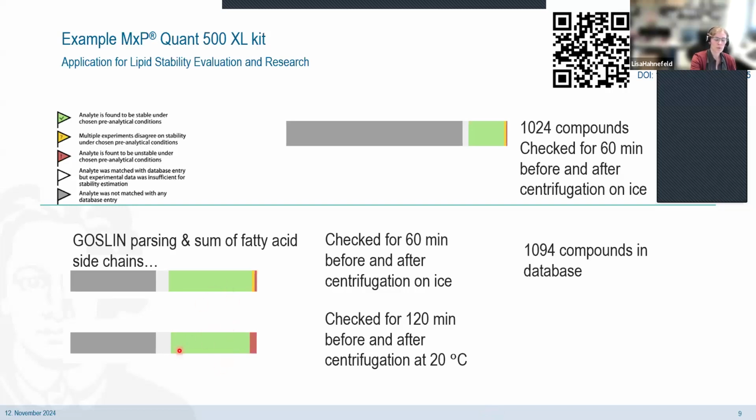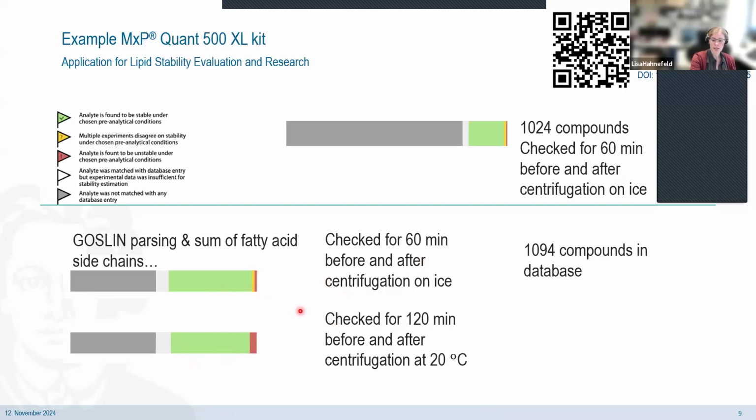It was still not perfect, but probably because we now have some duplicates in these data sets. But now you can get a better pre-analytical insight, because if you compare two different conditions, for example the preferred conditions with less than 60 minutes processing each on ice, you see that there are some compounds which are not stable, some which might be questionable, but in general it looks okay.